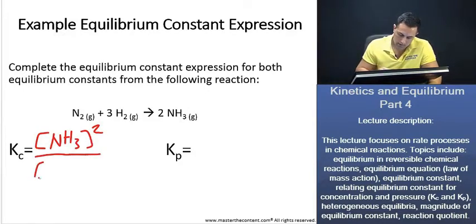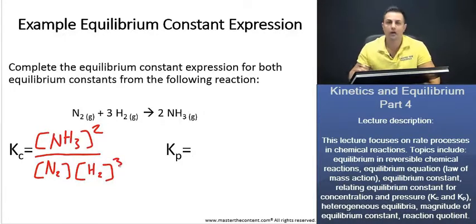Now, on our reactant side, we have here nitrogen, right? And we also have hydrogen, and it's going to be raised to the third power. Exactly. Wonderful. So now we also have to do one more here for pressures. When working with pressures, we just put a P here to demonstrate that.